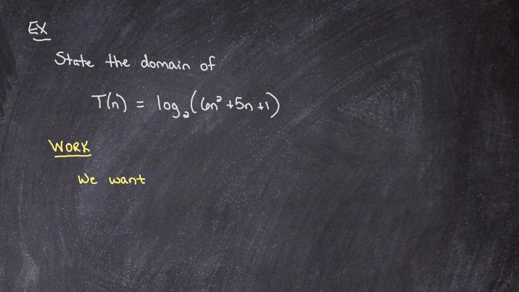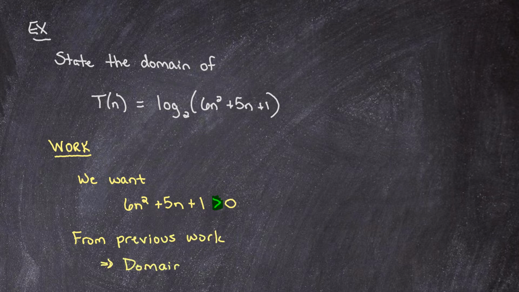Instead of t's, we have n's, but it's 6n squared plus 5n plus 1. We just want that to be greater than 0. And therefore, we get the same type of domain. We cannot include the endpoints there because we cannot include when that quadratic becomes 0. So -1/2 and -1/3 are not included.